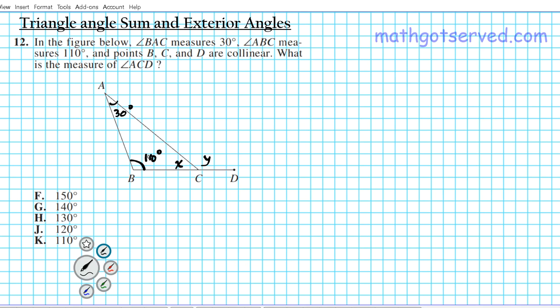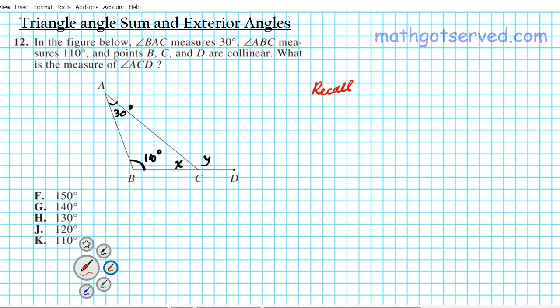There are two ways to do this, but we're going to use the easier way, which involves finding X first and then using X to find Y. There's another way that this can be done.